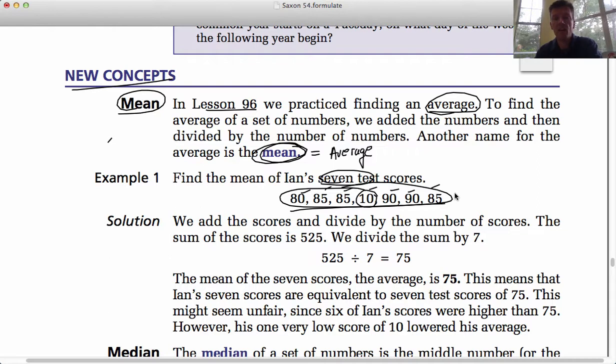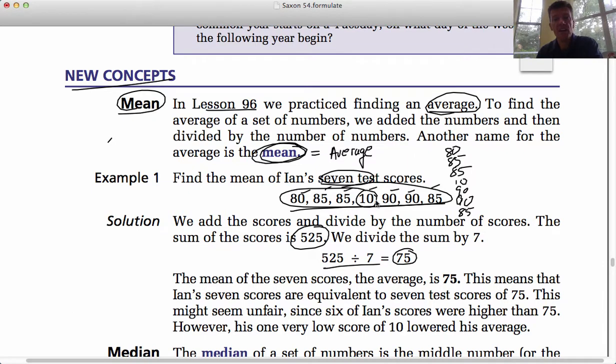So you add them all up: 80, 85, 85, 10, 90, 90, and 85. That's 525, and then you divide by 7 scores, and you get 75 as your average, or your mean.